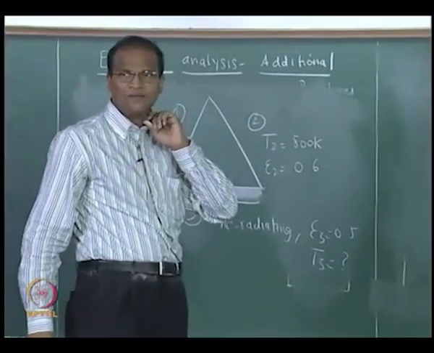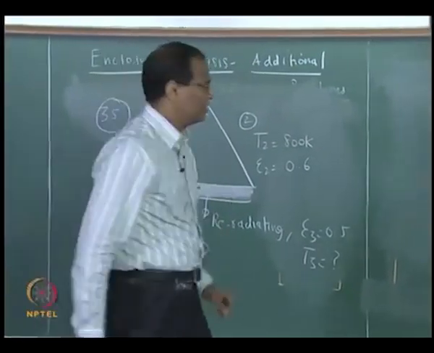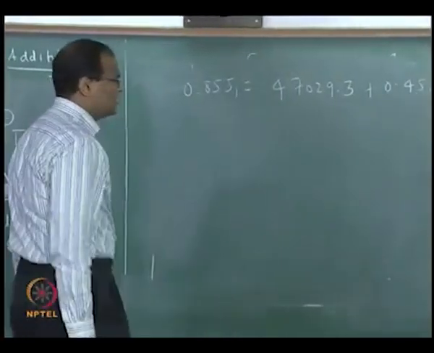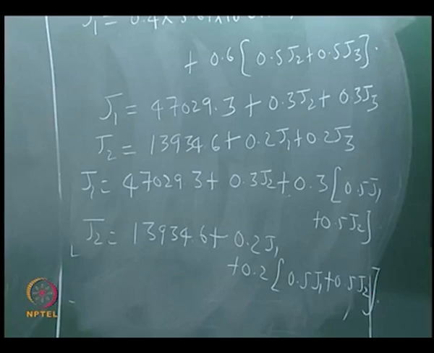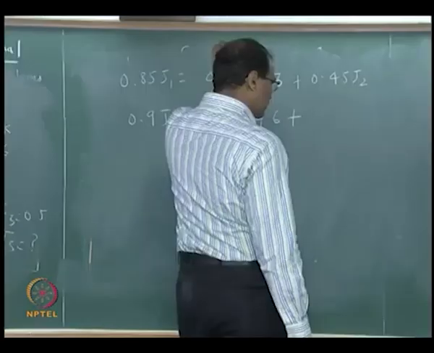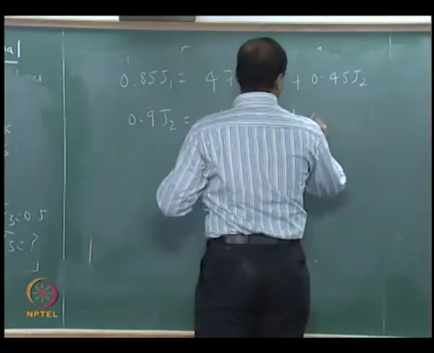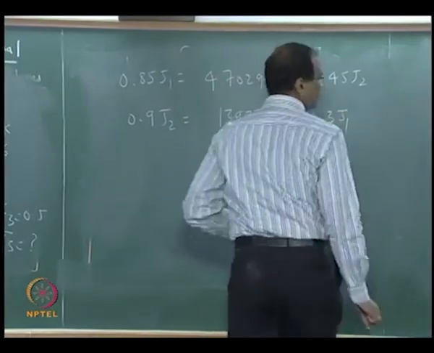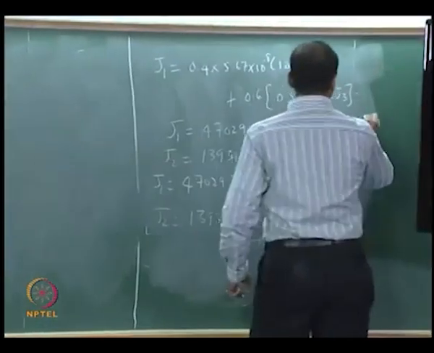Is this right? Yes, sir, that's correct. Fine. Then similarly J2, 0.3 J1. Okay.